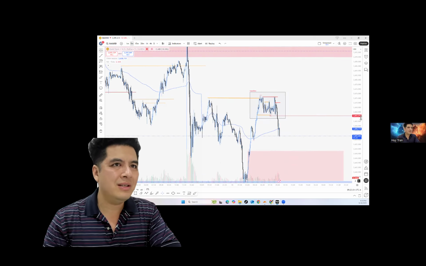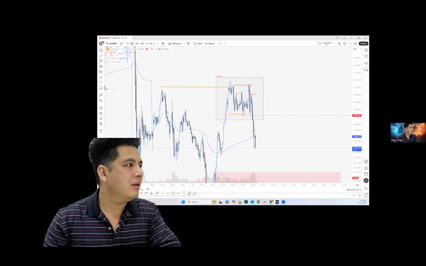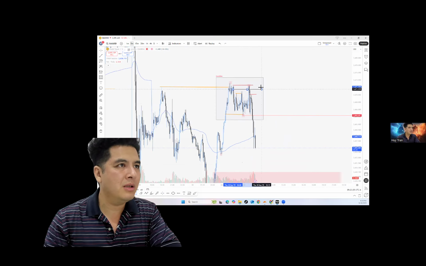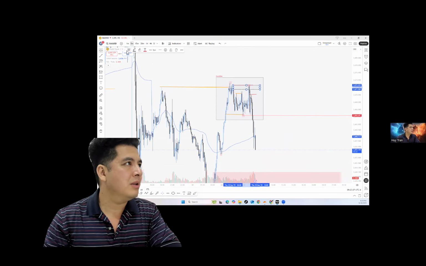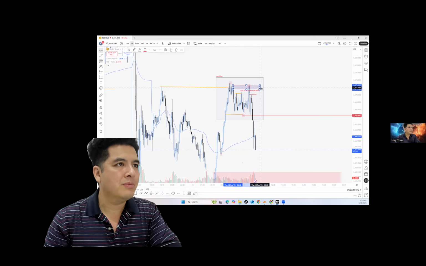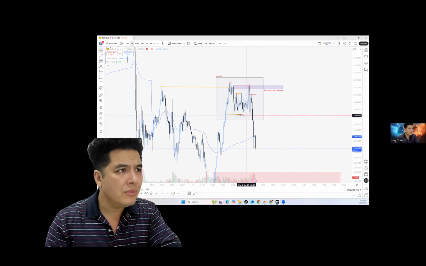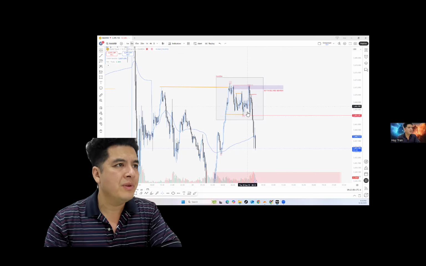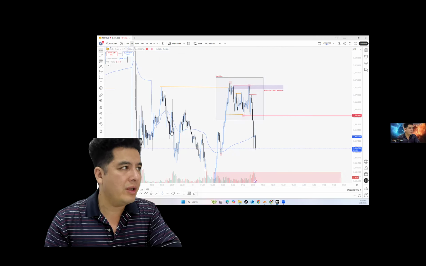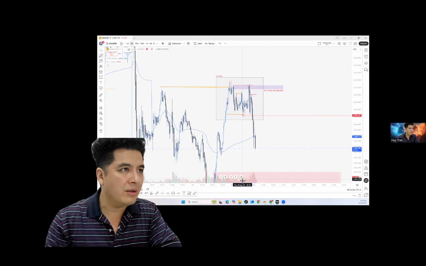So essentially, if the bias is right here, this could be the bearish POI because it came down and broke structure here. Whatever moved right here, we can look at the volume.